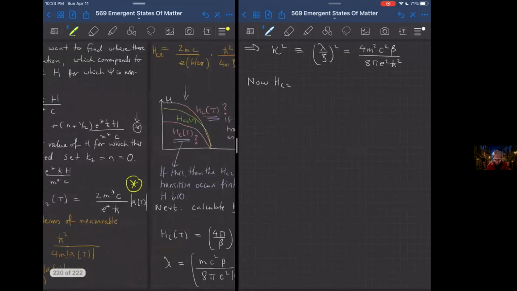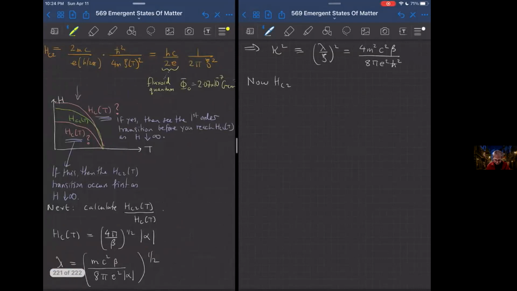So I can use this formula to write Hc2 is equal to 2mc e over h bar times the square root of beta over 4 pi, and this is equal to 2. All I'm doing here is manipulations. There's nothing fundamentally interesting about them, but this is just the algebra for getting the results. It's a bit fiddly. Nothing I can do about that, I'm afraid.